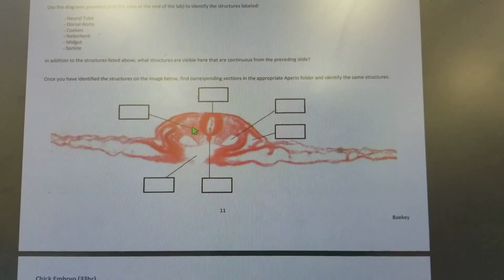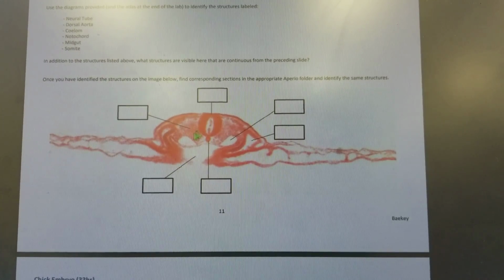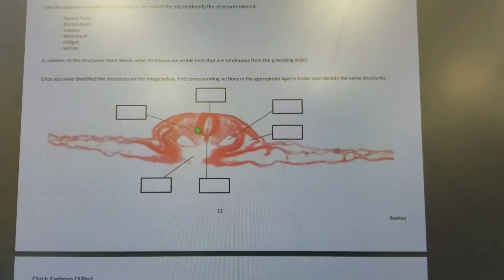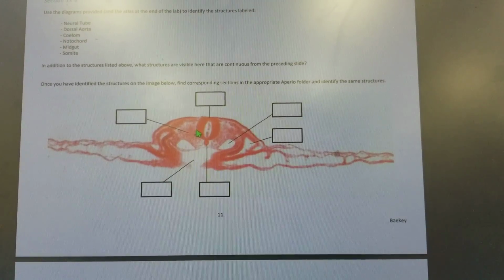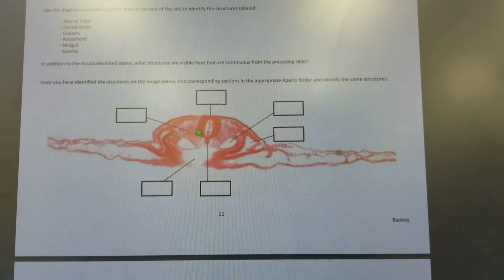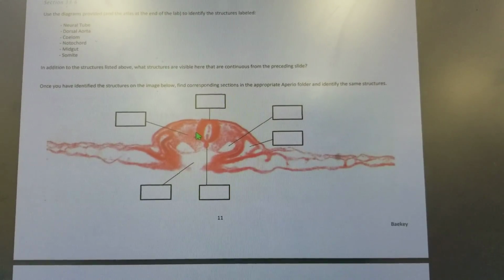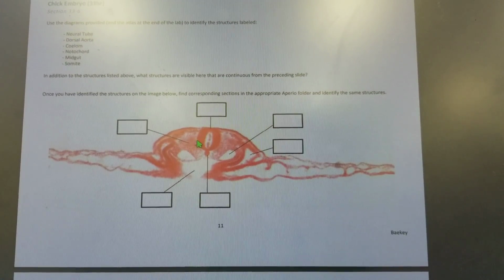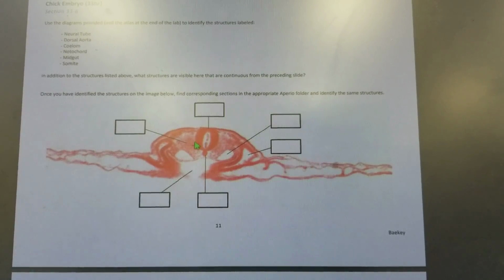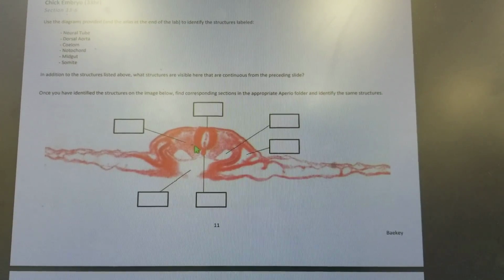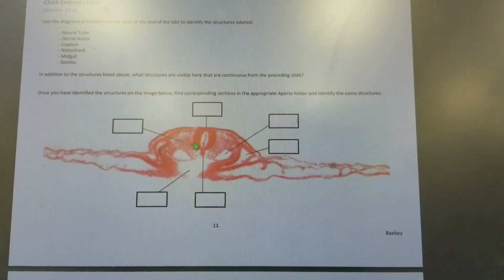And this is a somite. And we're going to talk about that because the somites form from aggregations of cells along a tube of mesodermal tissue that lies on either side of the neural tube. It's called the paraxial mesoderm.